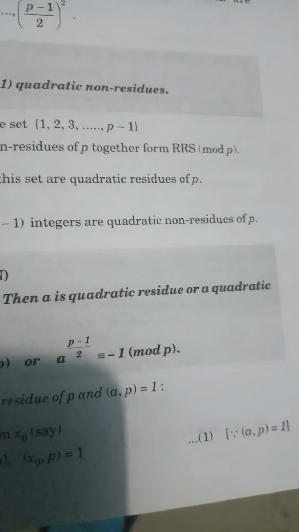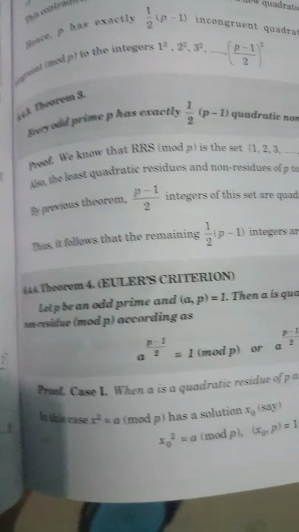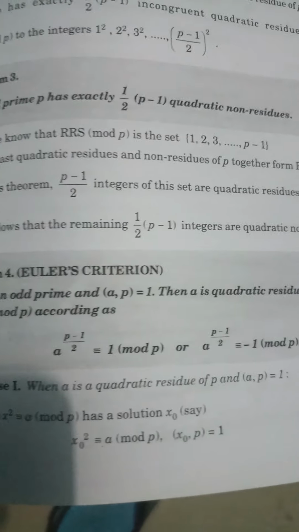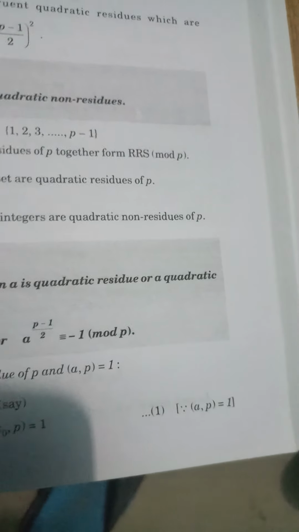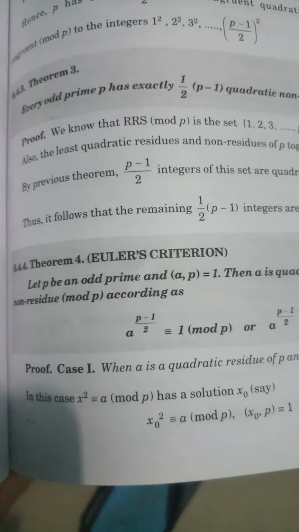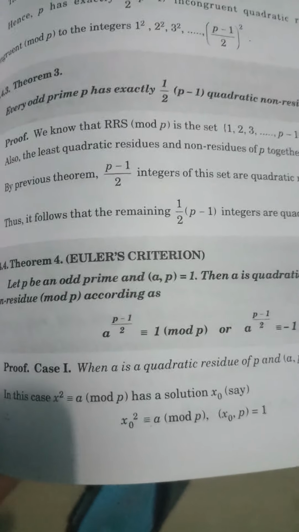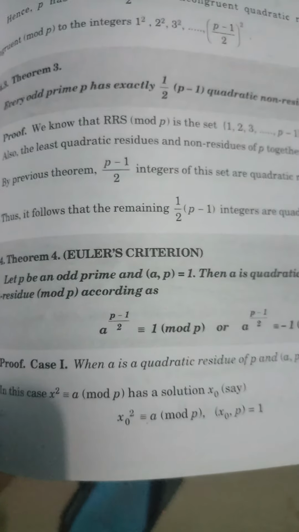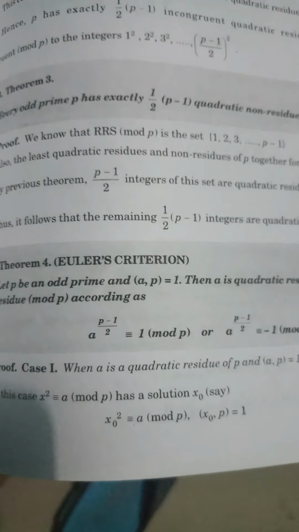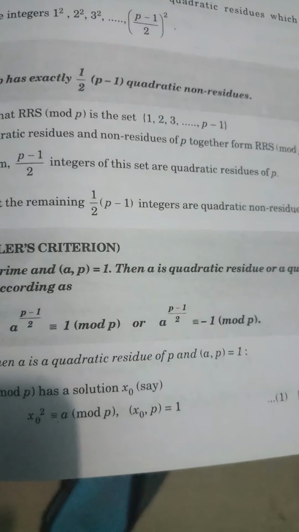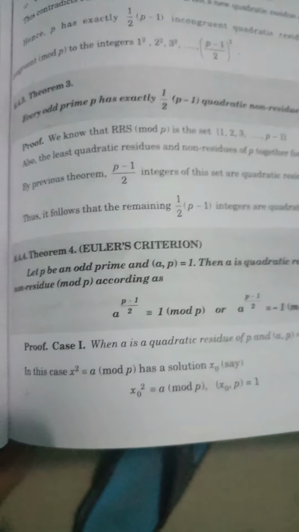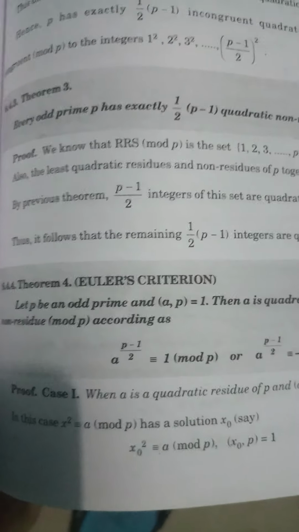Then a is a quadratic residue or a quadratic non-residue mod p according as a to the power p minus 1 by 2 is congruent to 1 mod p, in which case it is a residue, or a to the power p minus 1 by 2 is congruent to minus 1 mod p, in which case it is a non-residue. This theorem we will do in the next lecture.